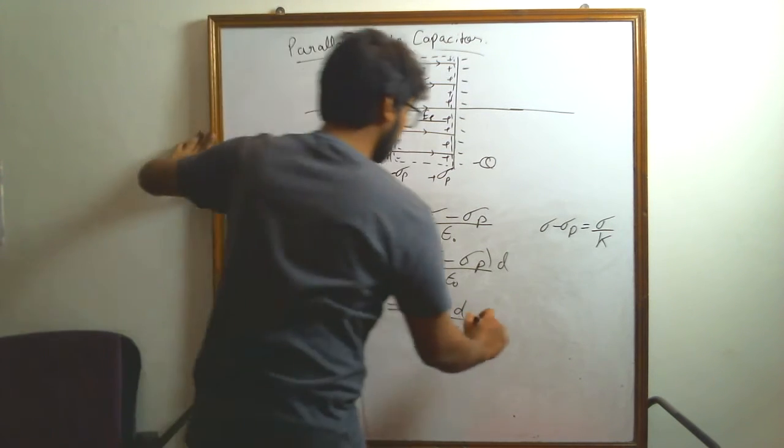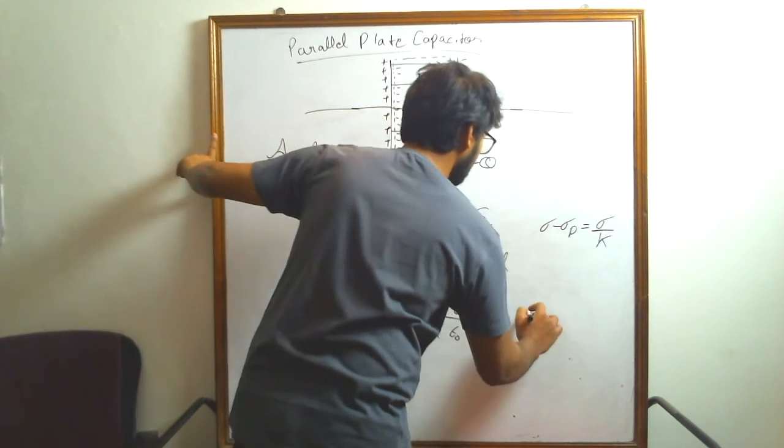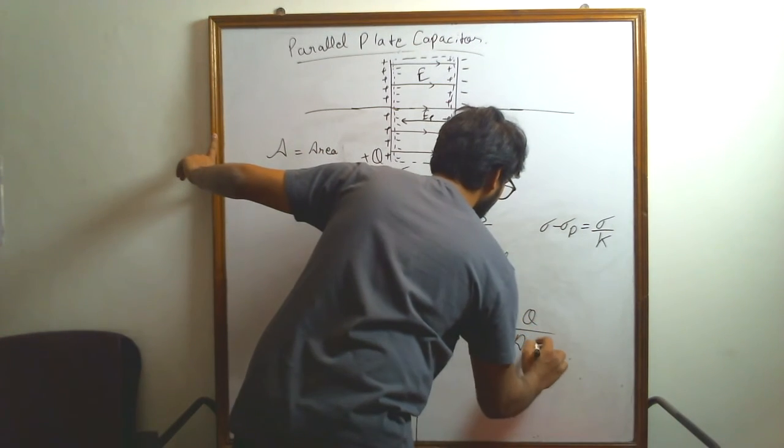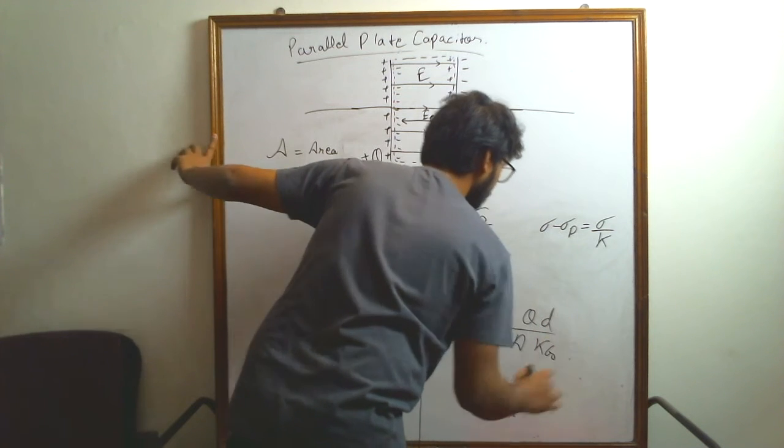Very important. Simplifying it further, sigma can be written as Q upon A, K epsilon naught into D.